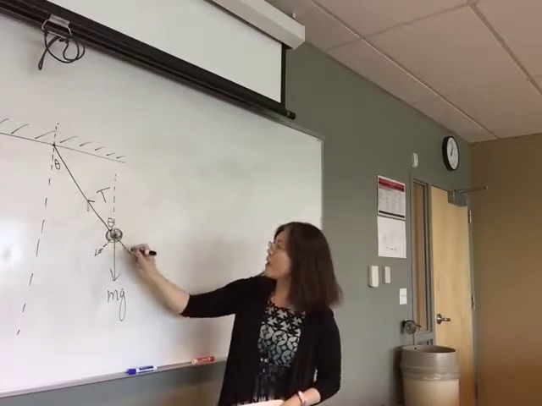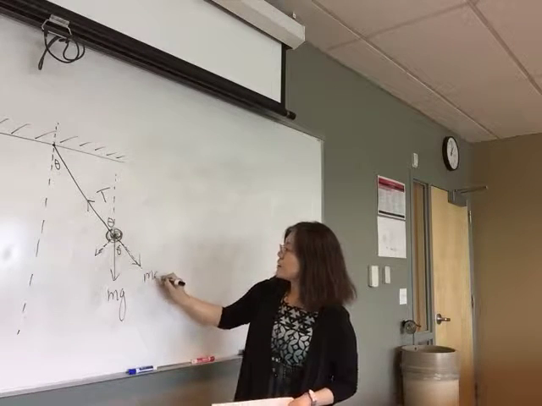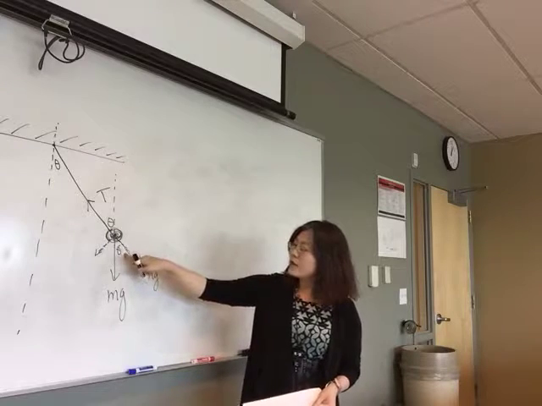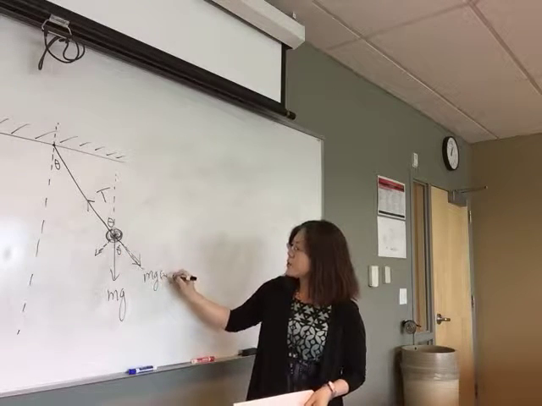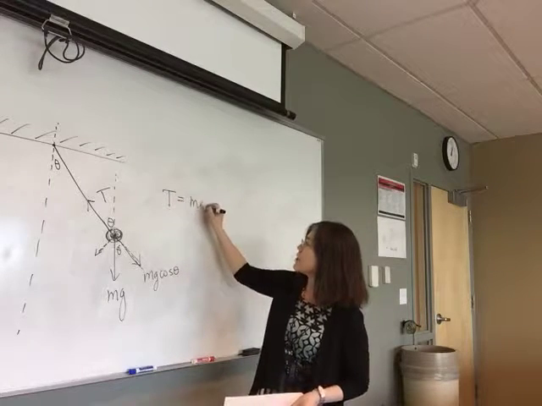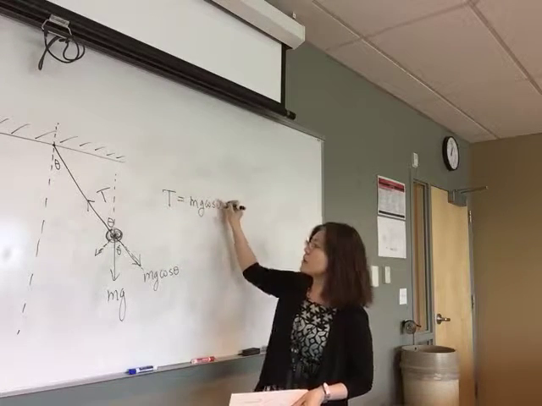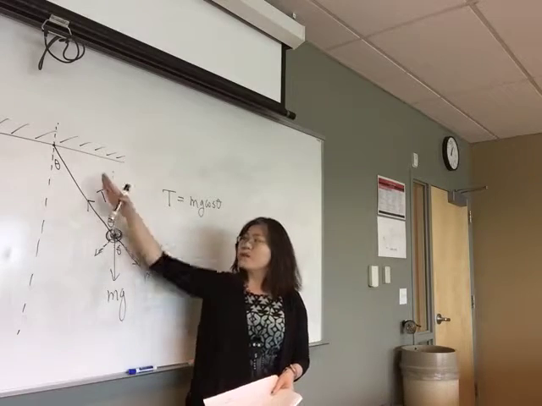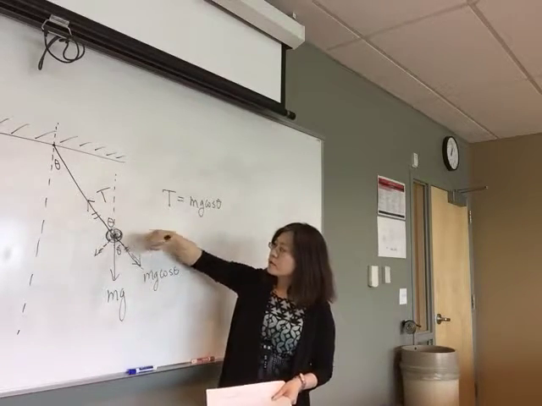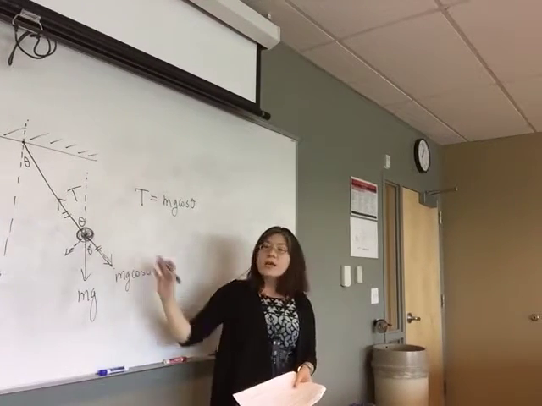This force, adjacent to the angle theta, is mg cosine theta. Your tension T and mg cosine theta should cancel each other, because the ball is not moving in this direction.